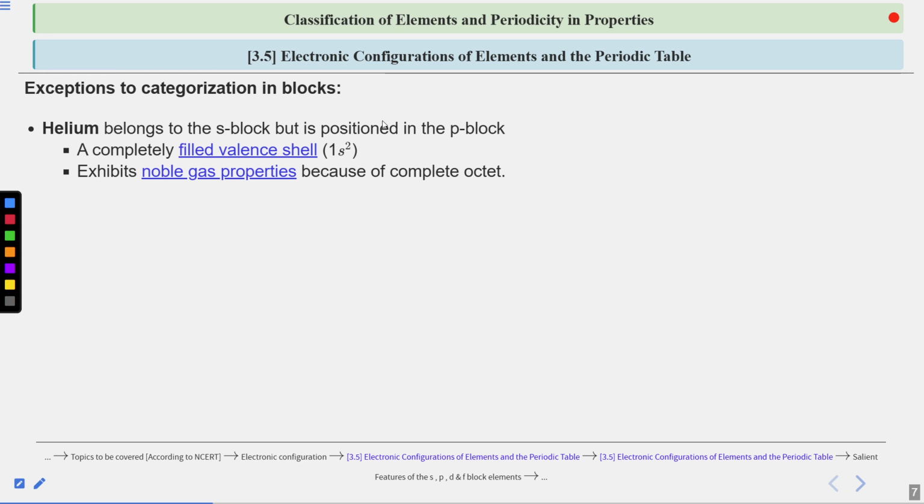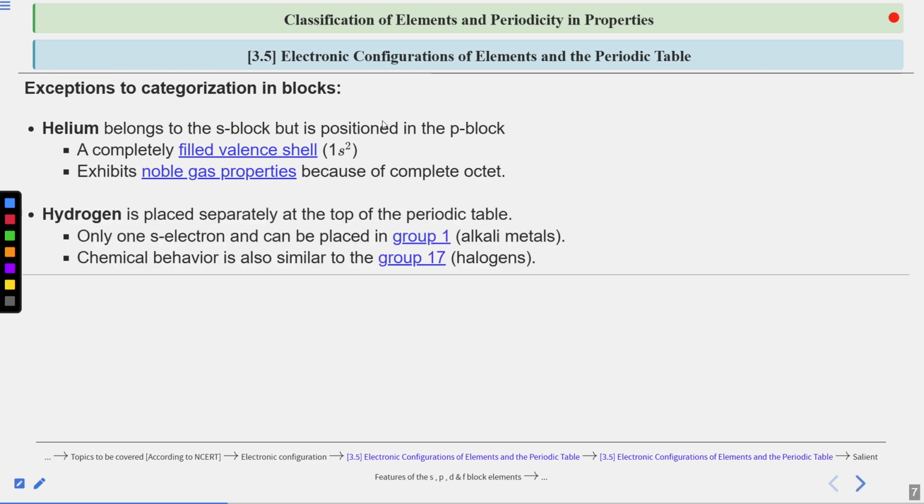Instead of that, it belongs to the P block. That is the most important exception to your general idea of the categorization in blocks. I guess this part is clear to you. Now coming to the second element, whose position is still, I would say, conflictable. That is hydrogen.